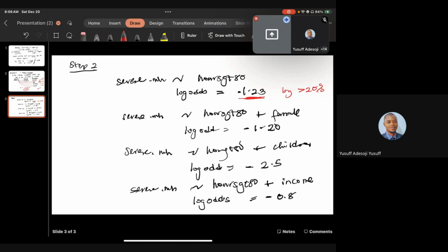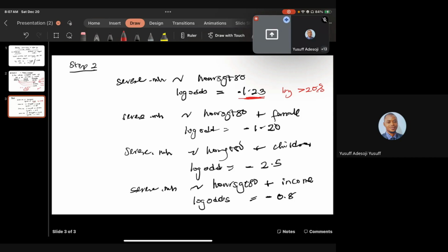Really what we're trying to do is ensure that if there is a covariate that really changes this model significantly, we include it.